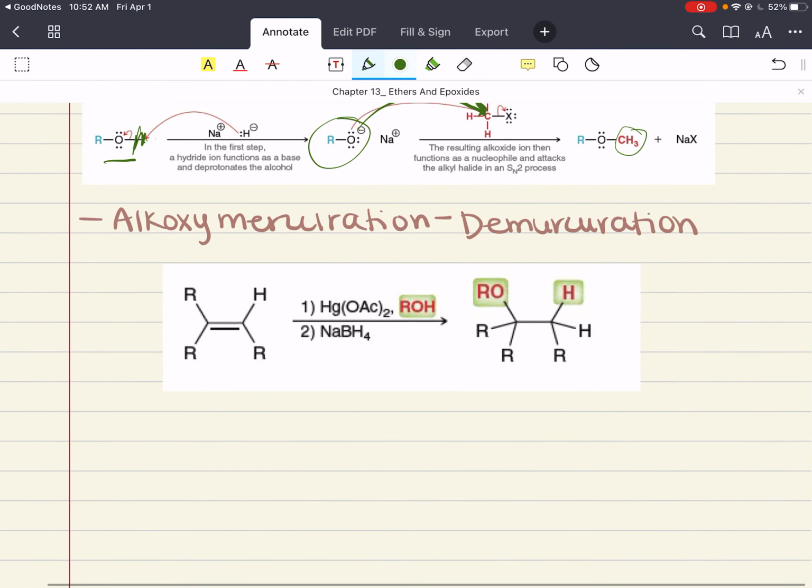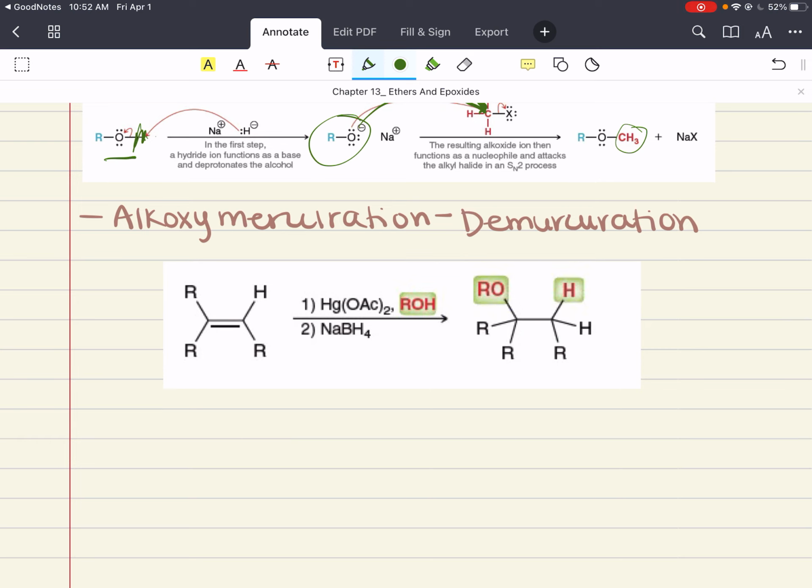And the final way that we're going to talk about for preparing ethers is through a process called alkoxymercuration-demercuration. Very similar to something we've covered in chapter 8, where we talked about alcohols being prepared from alkenes through a process called oxymercuration-demercuration, where you have a Markovnikov addition of water, hydrogen and hydroxyl, across the double bond.